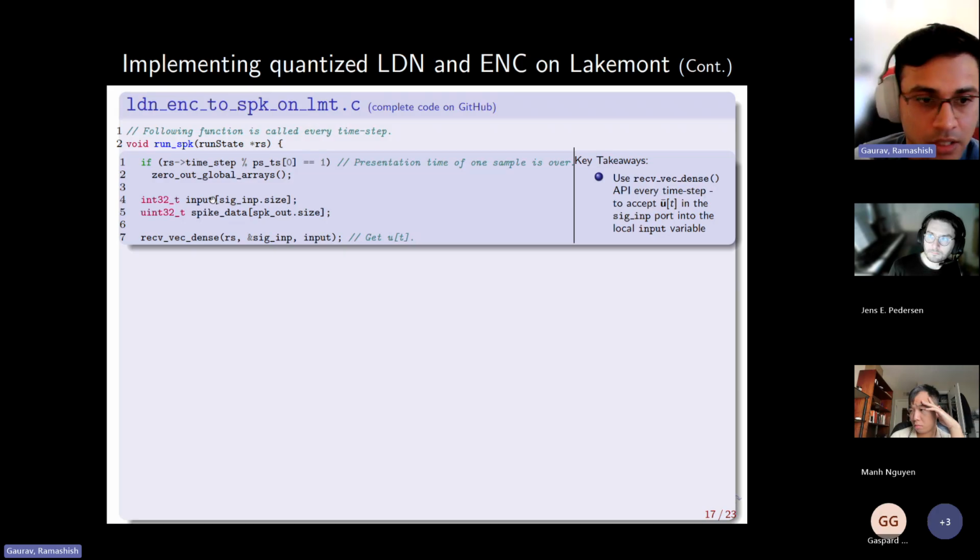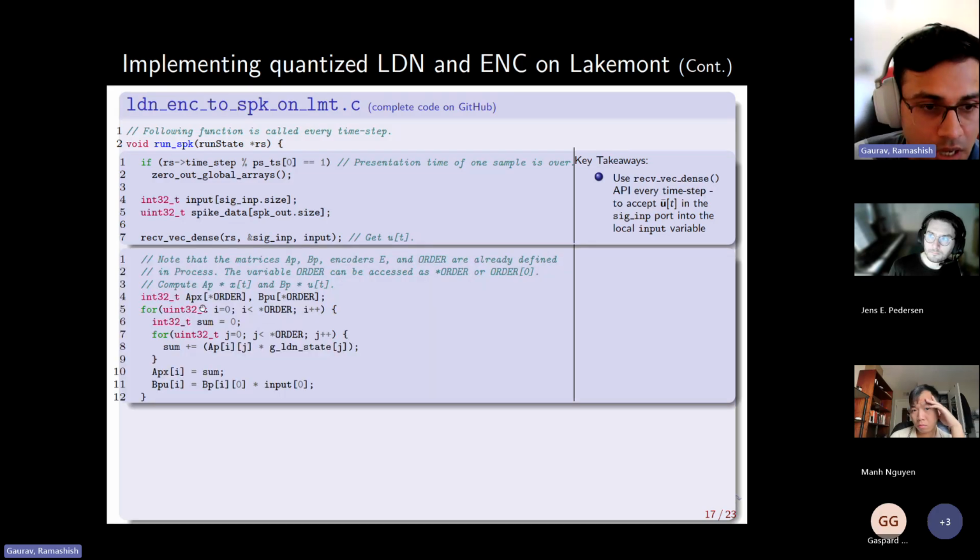And in this next code snippet, as you can see, it's a fairly classic example of matrix vector multiplication.